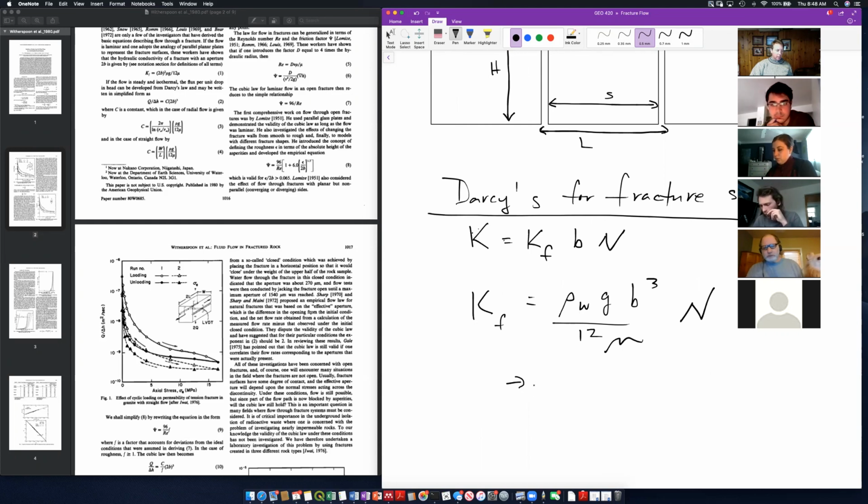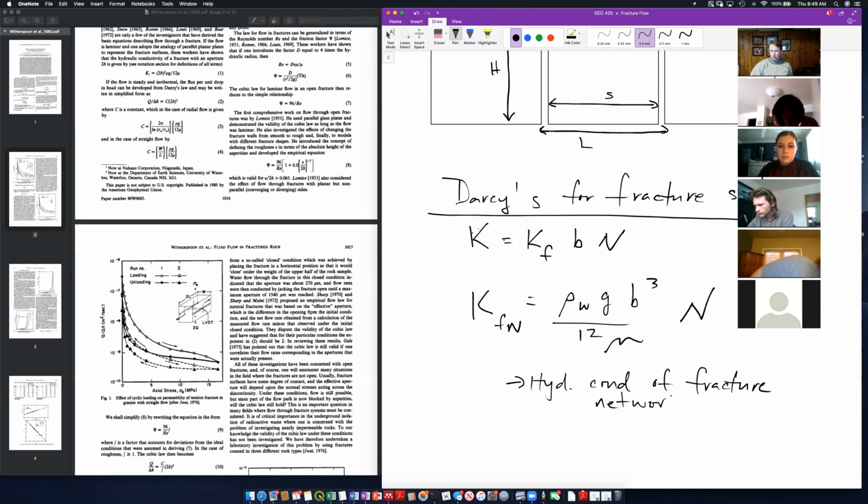The hydraulic conductivity of a fracture network is a function of fracture aperture.